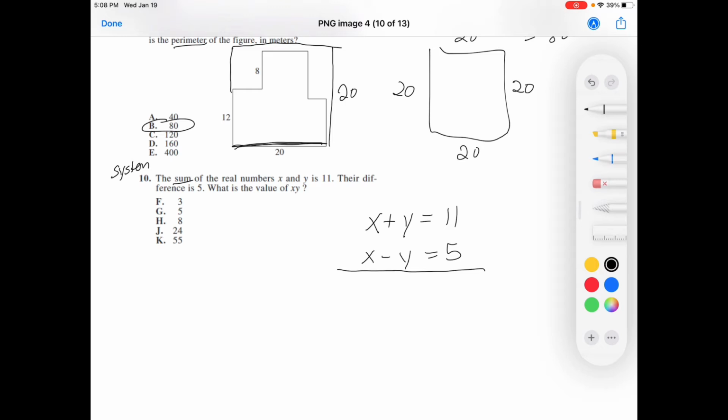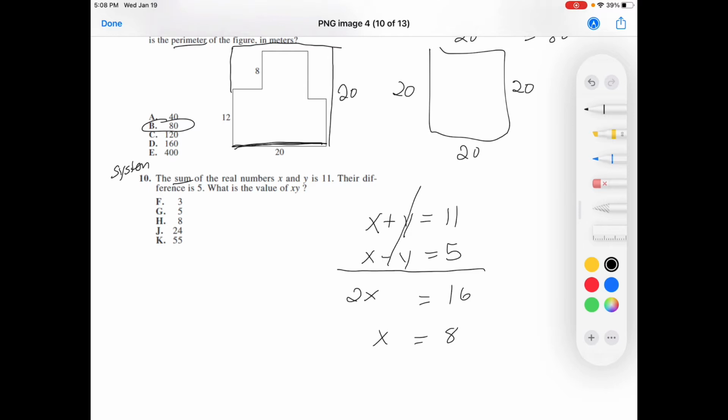You can add the two equations together, and if I added the top one to the bottom one, x and x make 2x, the y's will eliminate. Positive y, negative y just eliminates. Equals 11 plus 5 is 16. And so I know x is going to be 8.